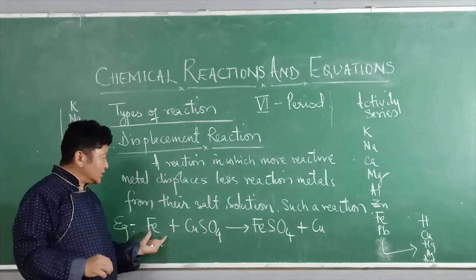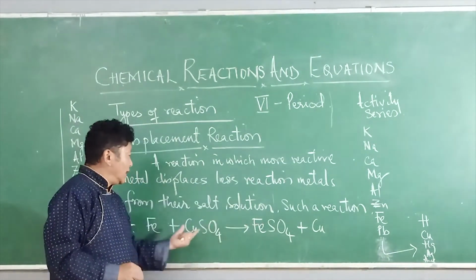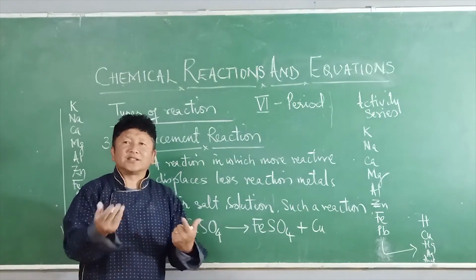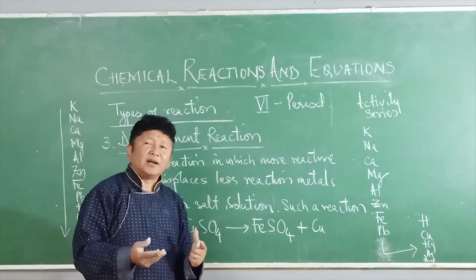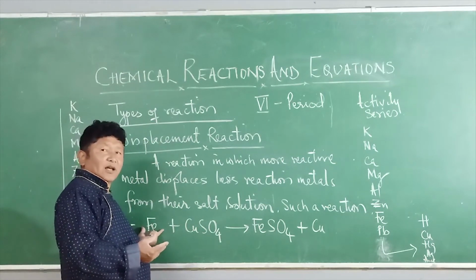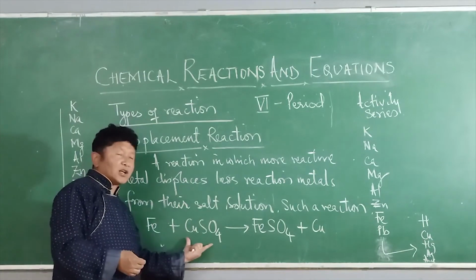Here, iron is more reactive than copper, so iron displaces copper and there is formation of iron sulfate and copper. How do you know that the reaction is taking place? By looking at the change in state of the iron being decomposed completely, and then the change in color.